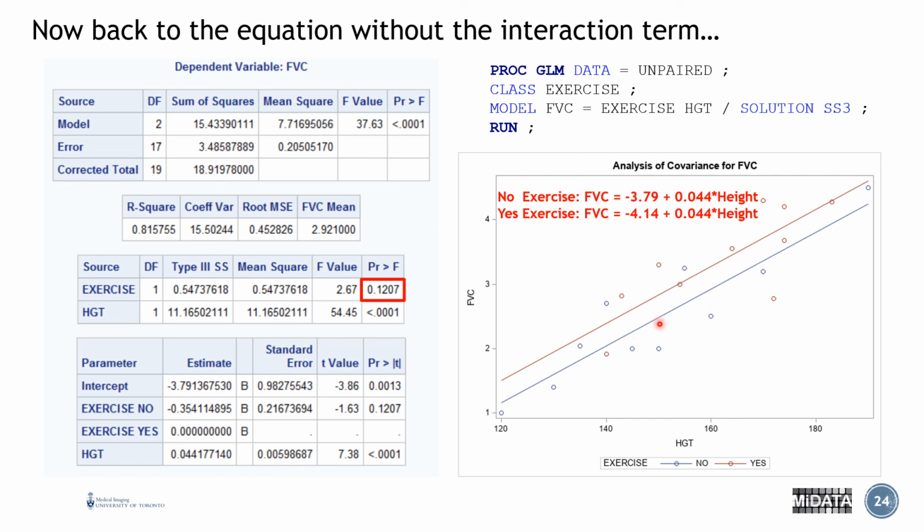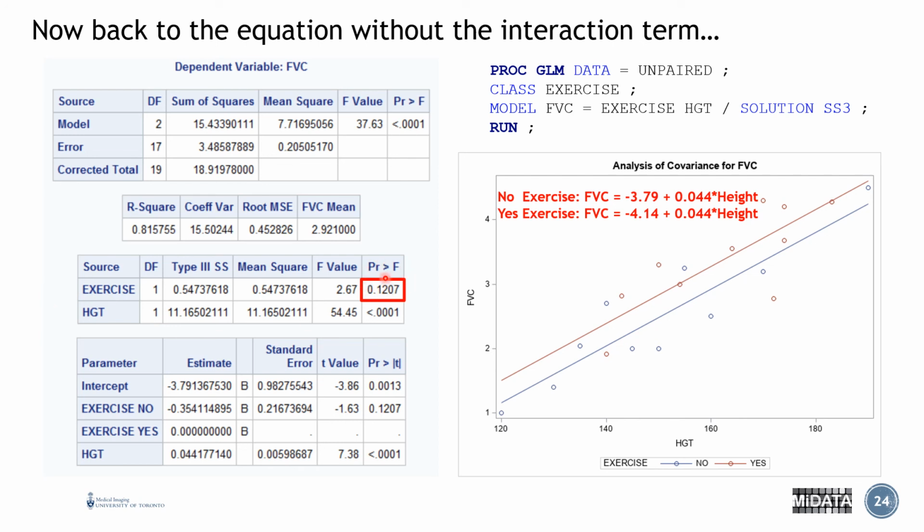If you flip back a bunch of slides, you'll look at the figure, and you'll see that these two lines are not quite parallel, but they're just not significantly different from being parallel. Important to note, if you look at exercise as your group variable, it is not significant. So the difference between exercise, yes, no, in FVC, when adjusting for height in your model, is no longer significant.